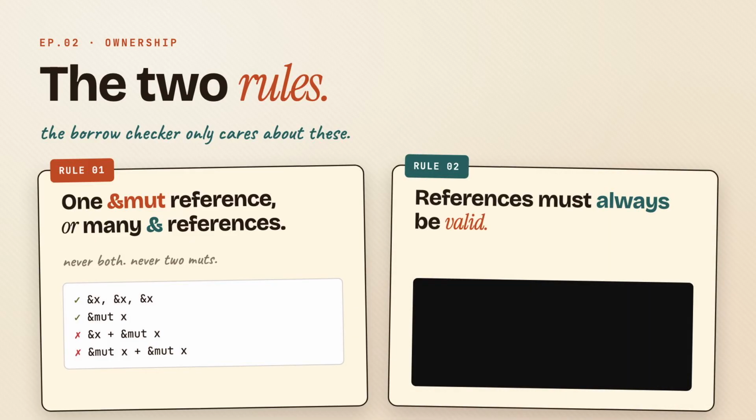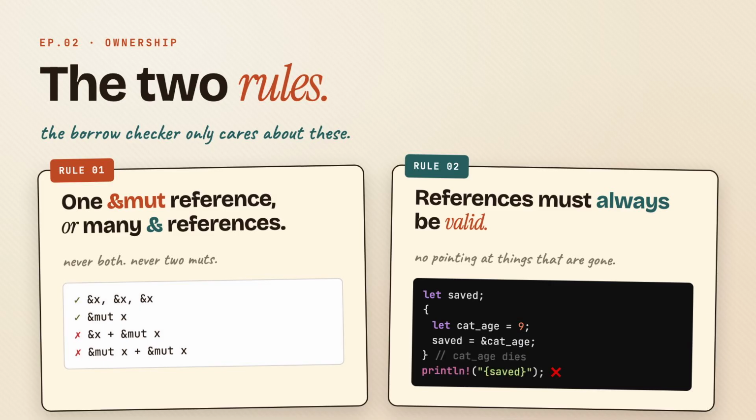Rule number 2: references must always be valid. A reference that points at something that's gone is called a dangling reference. Rust won't let you create one. Here, the saved borrows cat age, but cat age goes out of scope at the closing brace.